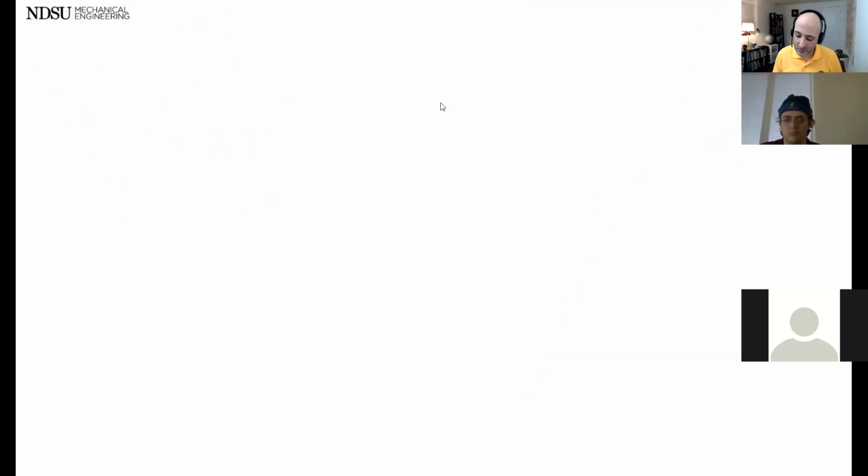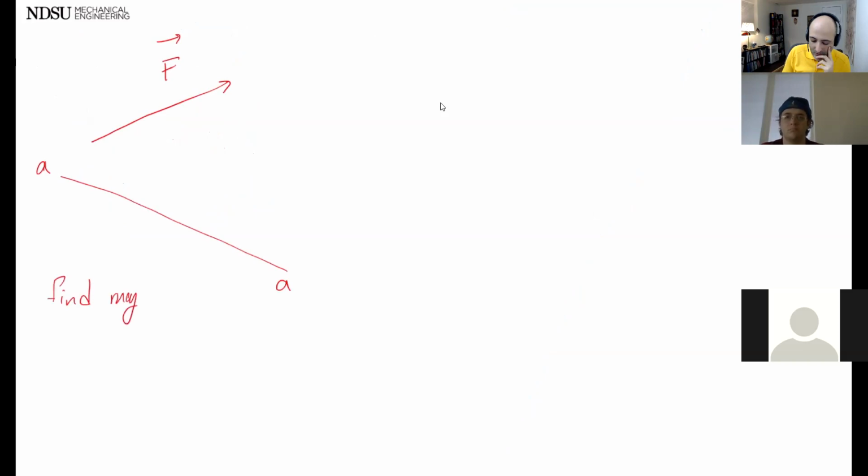Let's go back to chapter 2 a little bit. I had a force F, and I had a random line, and the problem said find the magnitude of F along AA.